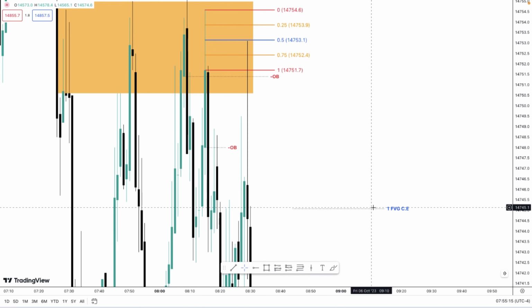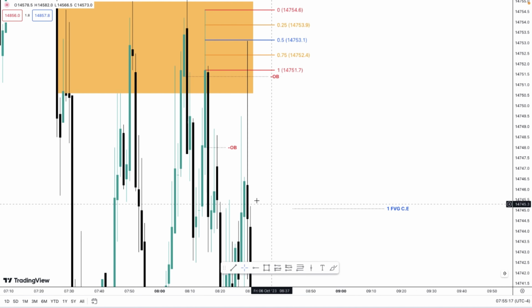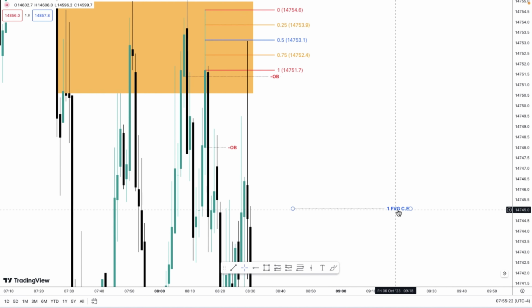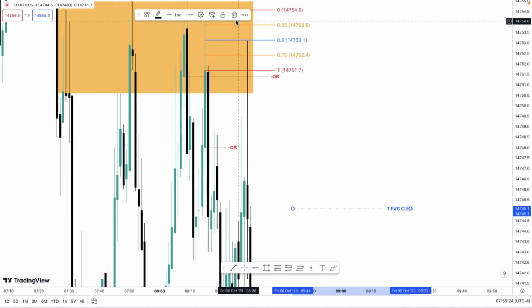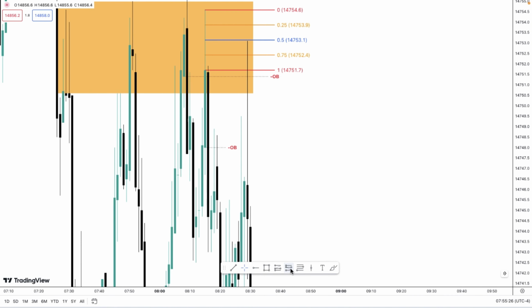Once you see a gap, you always want to find out what is the midpoint of the gap, which is the consequent encroachment. The same thing applies with real gaps like liquidity voids, tails, and wicks. So we treat wicks like gaps.